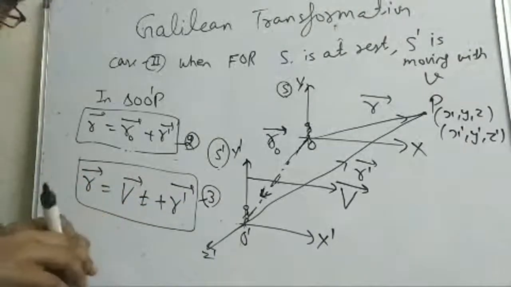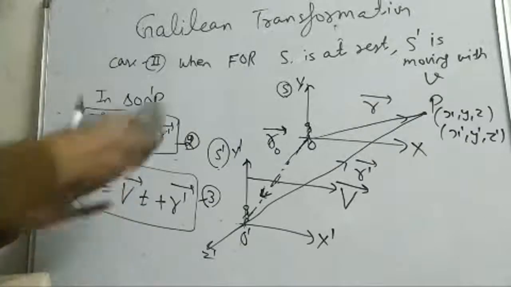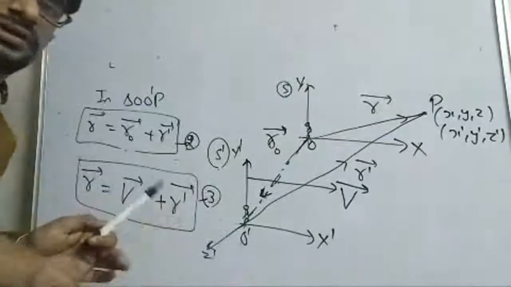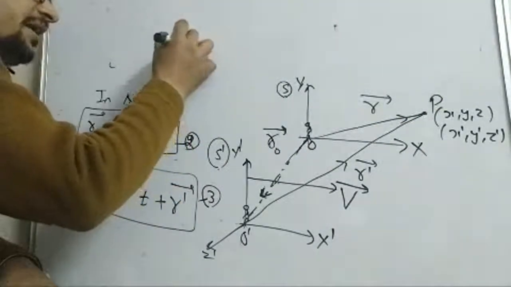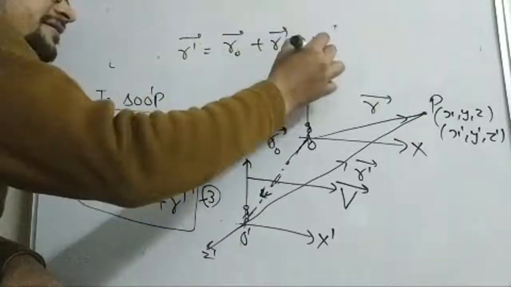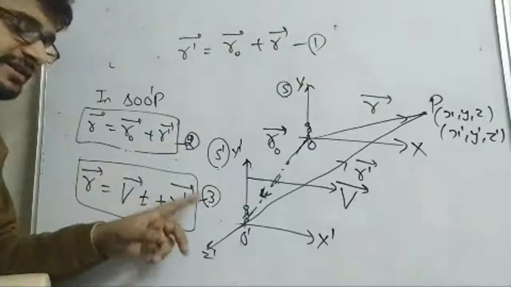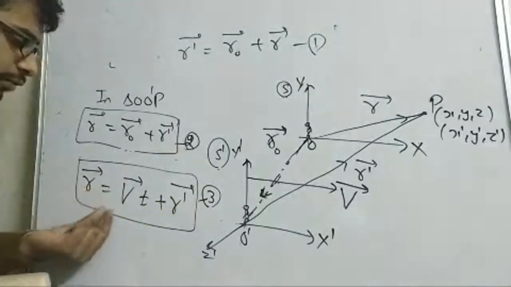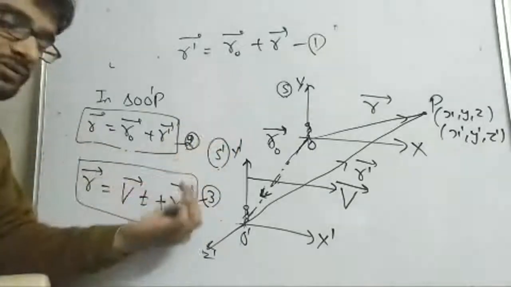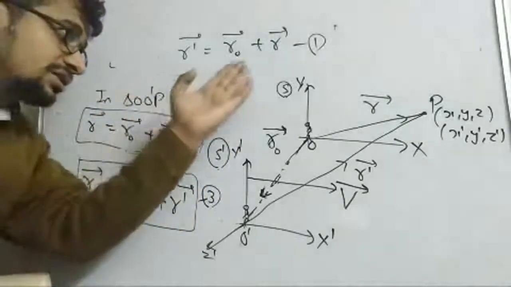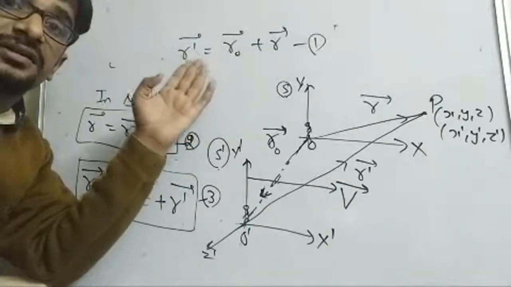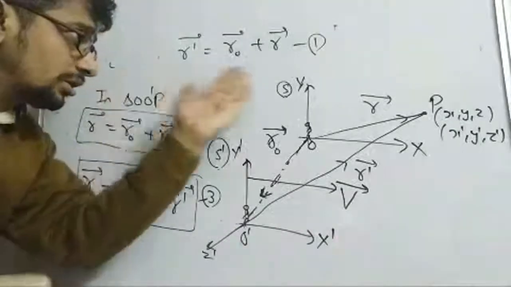Okay, now Hitakshi, notice that we have two equations in both cases. First was r dash vector equal to r naught vector plus r vector, and the third equation is that r vector equal to v vector t plus r dash vector. There is a big difference between these two equations, because this equation is known as a time independent equation, because there is no term of time.